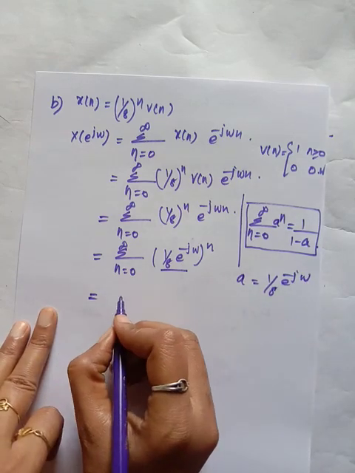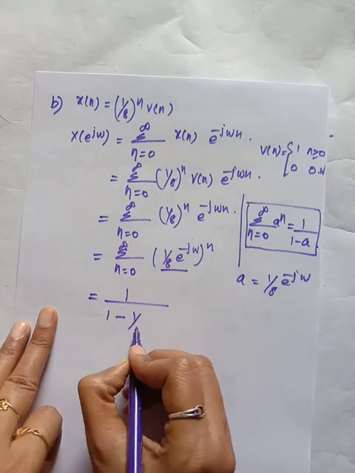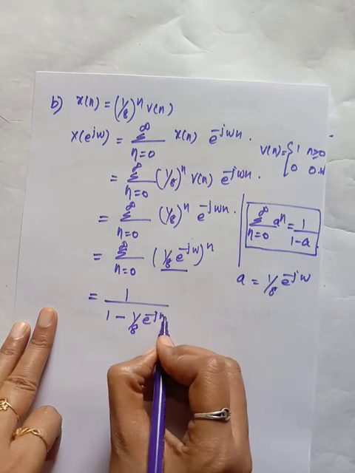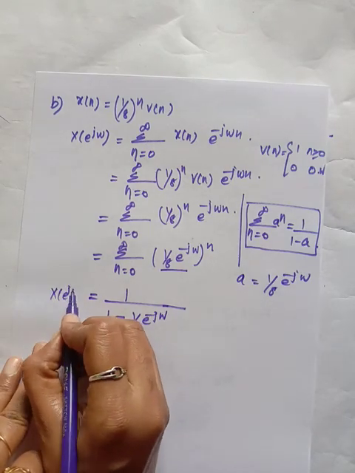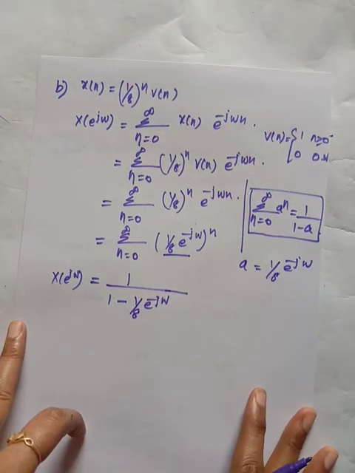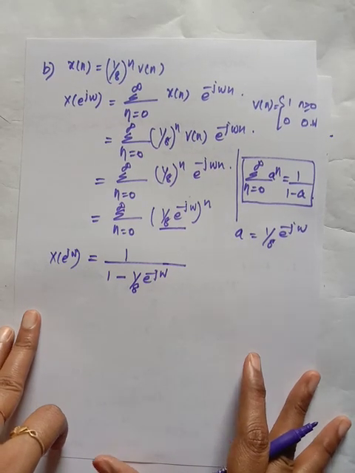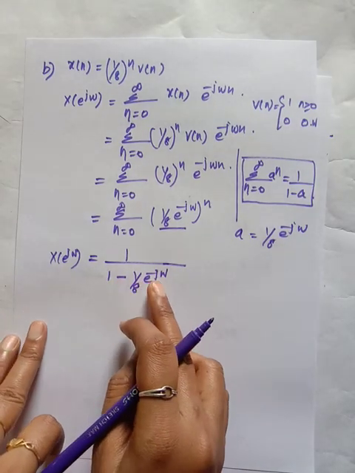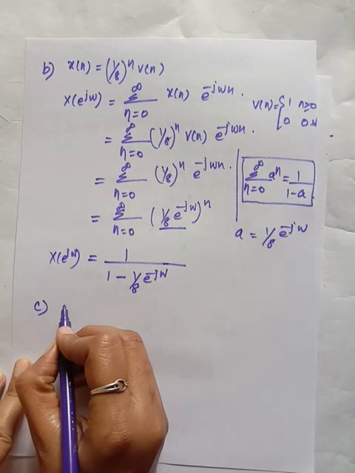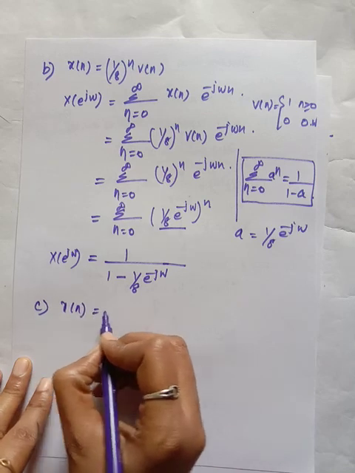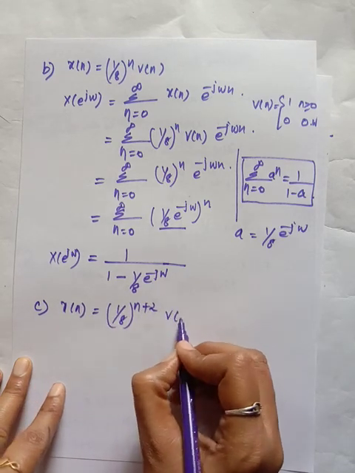So now when you apply this formula, what I will get is 1 by 1 minus 1 by 8 e power minus j omega. So this is the resultant for this problem. So x of e power j omega is equal to 1 divided by 1 minus 1 by 8 e power minus j omega. Next problem is x of n is equal to 1 by 8 the whole power n plus 2 into u of n.